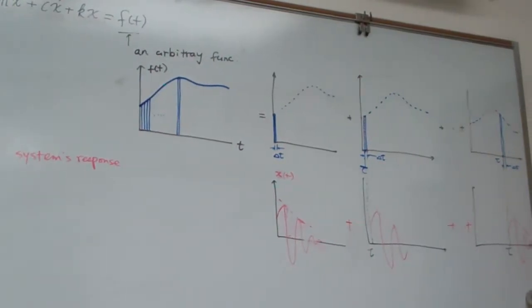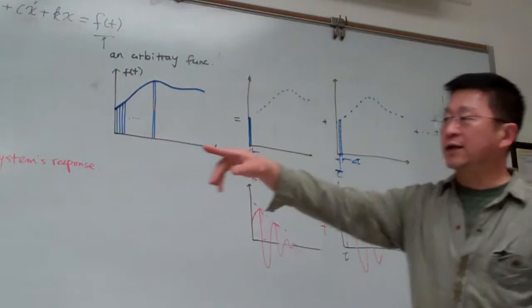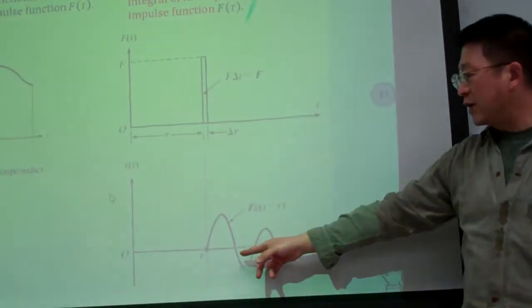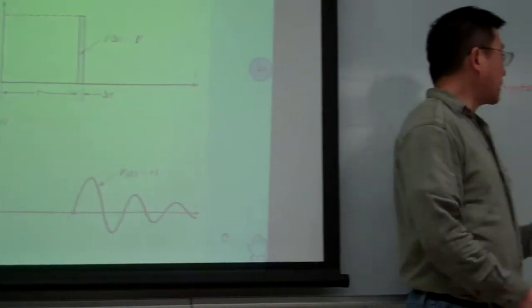Be good? So this is the big concept and what we're going to learn here. By looking at this and being more careful, the plotting will be like this. So this is the concept.